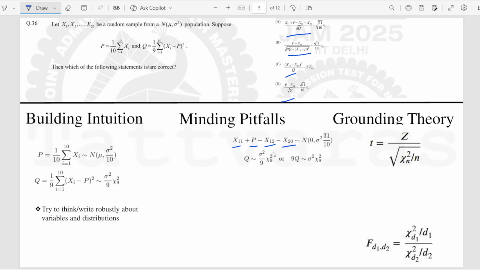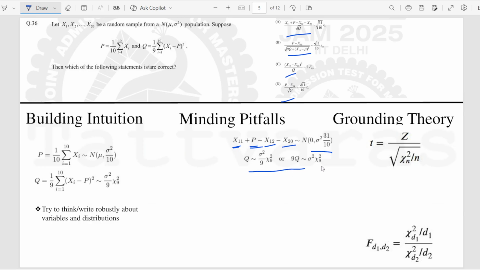And all of them are independent, because this is a function of x1 to x10, which is independent from all the other three, which are also independent in themselves. So when you do the cancelling out with the linearity of normal distribution, you will get this distribution. And this we have already seen, by theory it follows this.